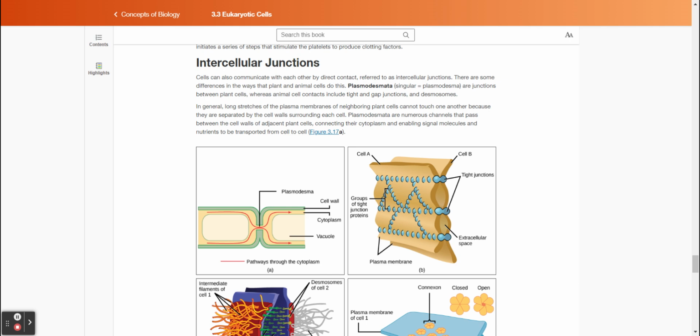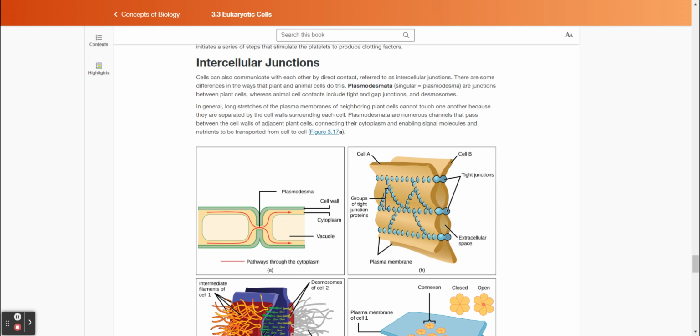Intercellular junctions. Cells can also communicate with each other by direct contact, referred to as intercellular junctions. There are some differences in the way that plant and animal cells do this. Plasmodesmata, singular, plasmodesma, are junctions between plant cells, whereas animal cell contacts include tight and gap junctions and desmosomes.